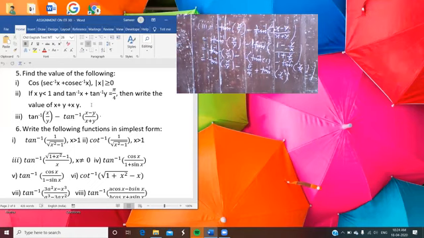So here these two terms are different. Just wait, there is some mistake here.